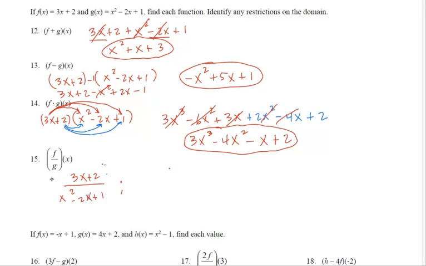We could factor the denominator, and that would be the only possible way to cancel if we have matching factors. So I'll just go ahead and show the factoring of the denominator. But as it turns out, even though I did factor the denominator, I don't have any matching factors that I can cancel with the numerator.